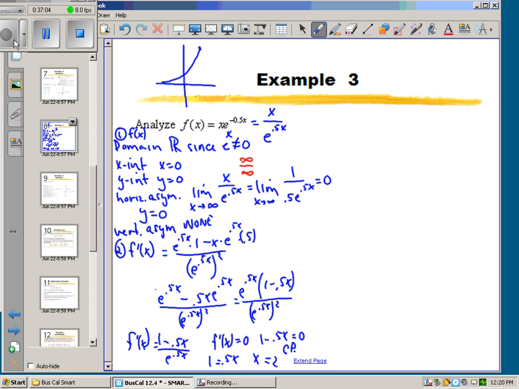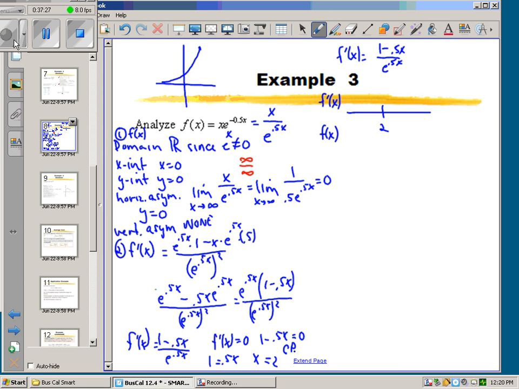So when I do my number line for my f prime, I'm just going to put 2 on the number line. So I'm going to have f prime, and then we're going to see what's happening with f. And our derivative here, f prime, was equal to 1 minus 0.5x over e to the 0.5x.